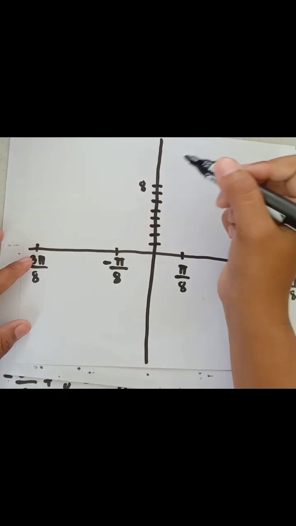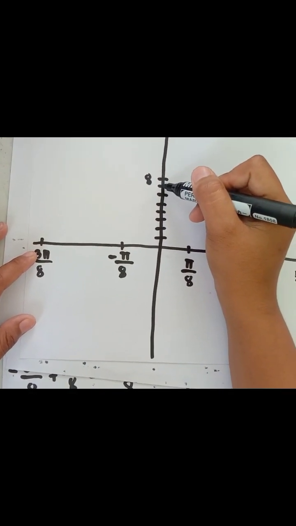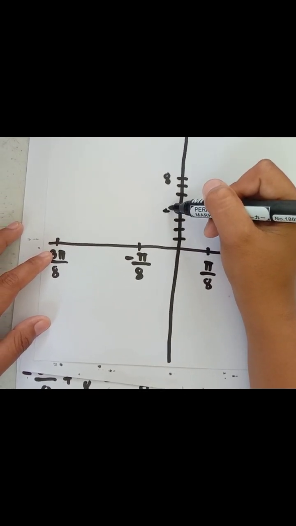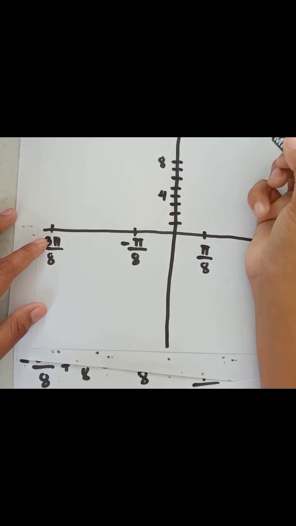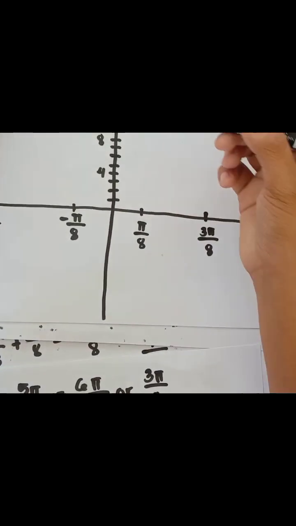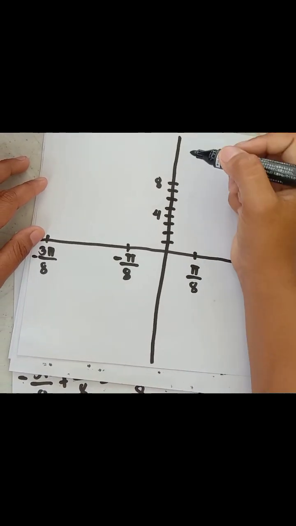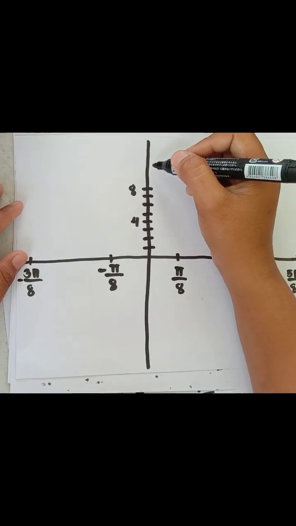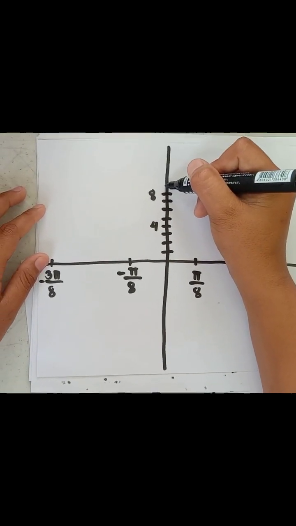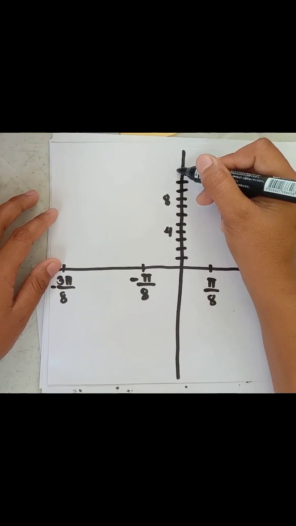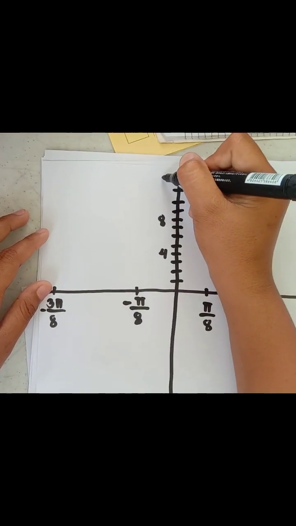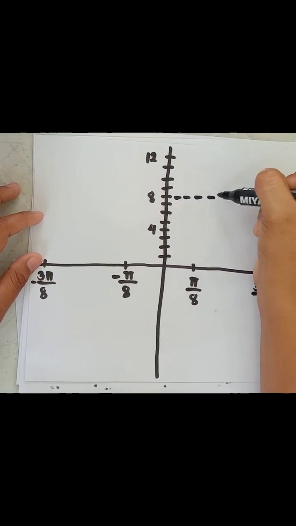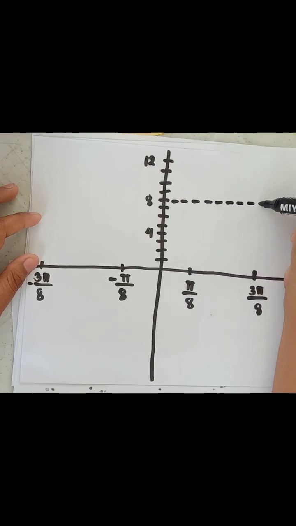So 1, 2, 3, 4. So this is 4. Then up here, so 8 plus 4 equals 12. So 8, 9, 10, 11, 12. So 12. Then draw a broken line at the vertical shift.